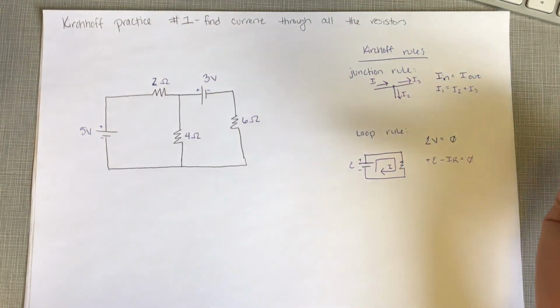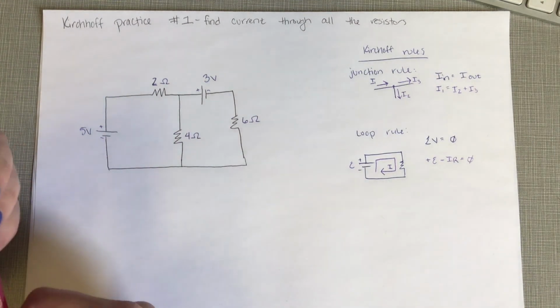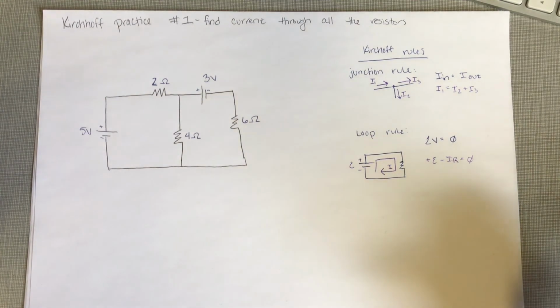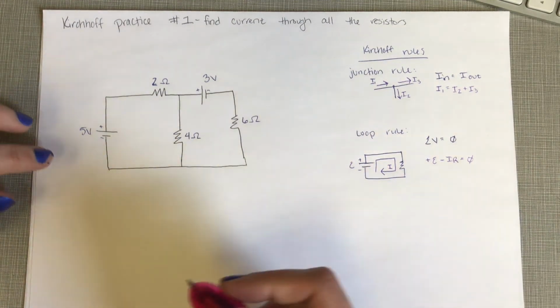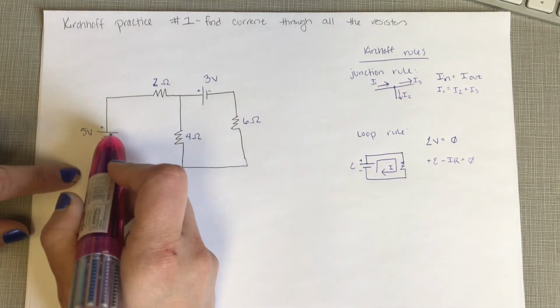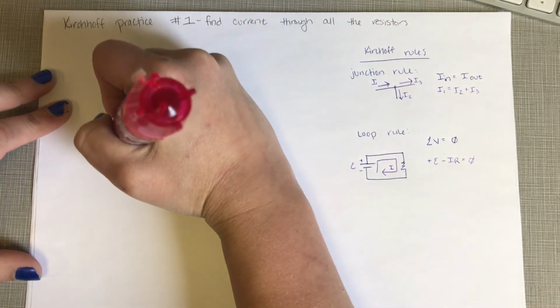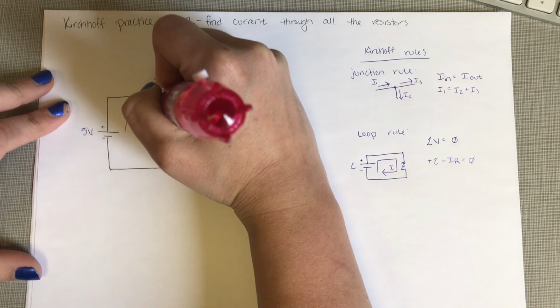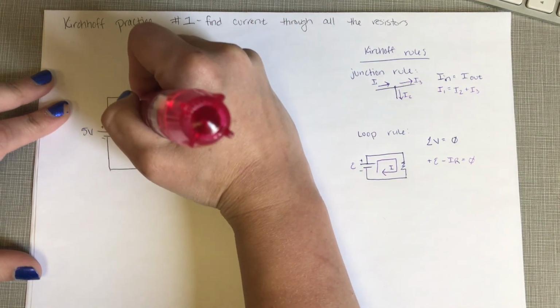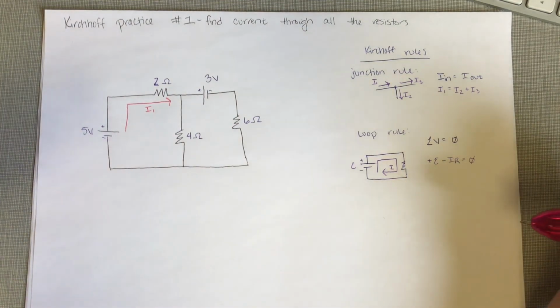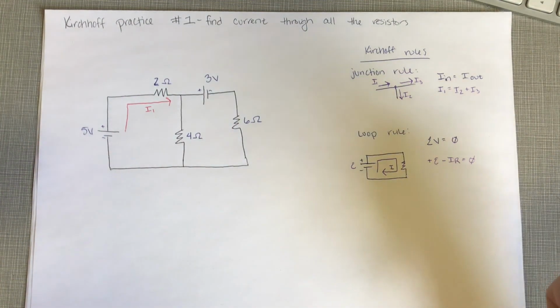So we're going to do some examples. The first thing you want to do is to draw currents going through the circuit. I like to start at the battery. So I'm going to assume that current number 1 comes out of my battery and goes this way. Now what direction you draw your currents doesn't actually matter.